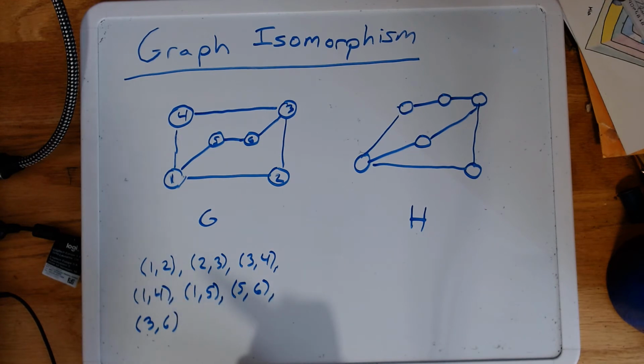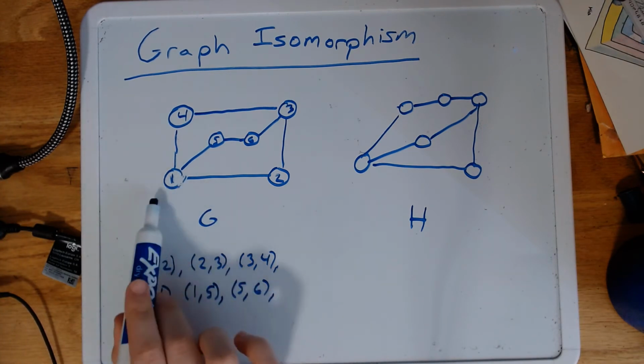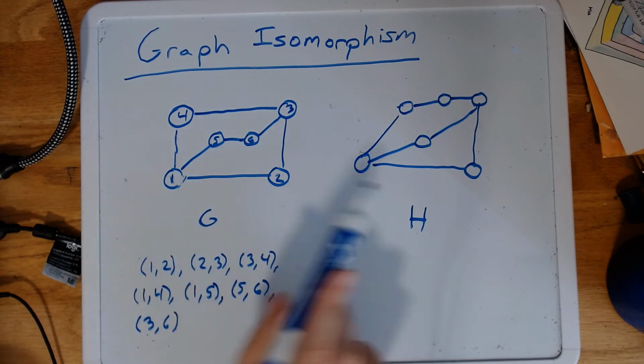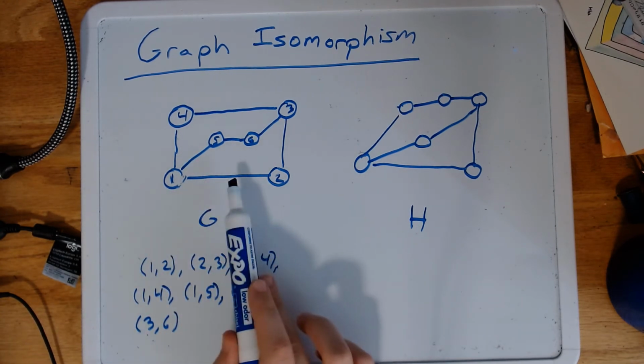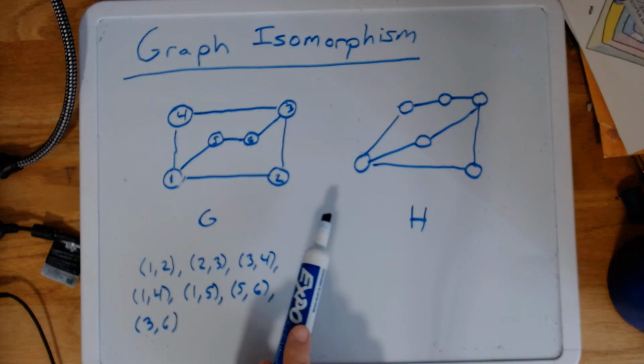So one thing that's helpful is looking at degree. Here, the vertex that we've labeled 1 has degree 3. So if this is going to work, we need to label as 1 a vertex here with degree 3.